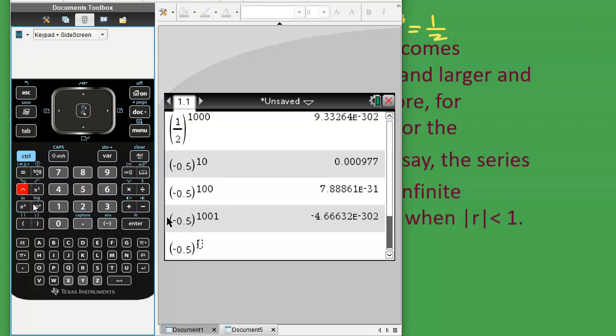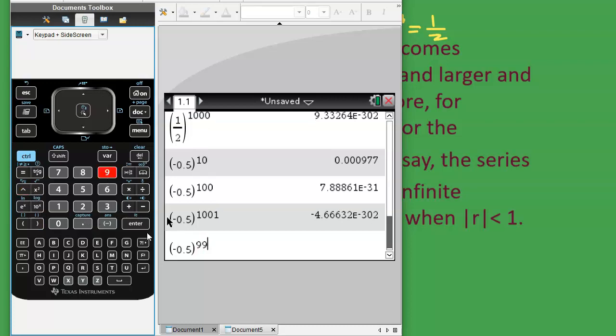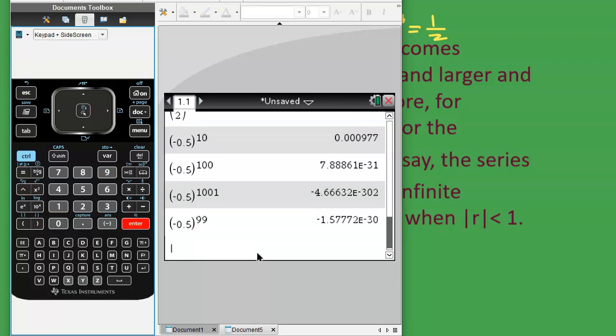Negative 30. So as we have moved from 99 to 1001, the number has become even smaller, and these are negative numbers. So the value is approaching 0 from the left hand side.